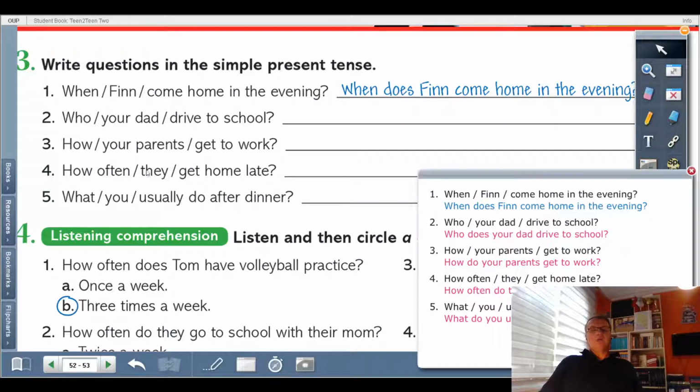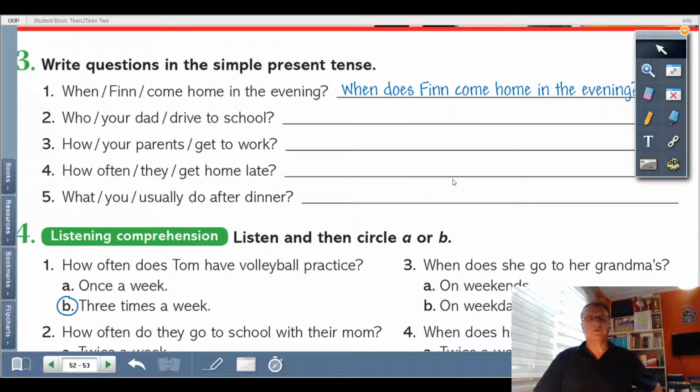How often do they get home late? And 5, what do you usually do after dinner? So we use do as a helping verb, and the verb here put into order, then it's a question. Yes, we saw the answers.